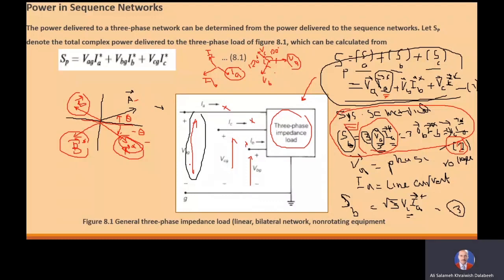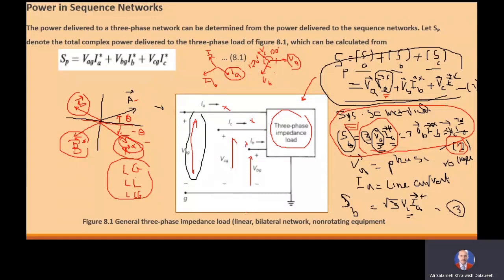If the symmetrical system is subjected to an unsymmetrical fault, and we know the unsymmetrical faults, such as line to ground fault or line to line fault, then the system becomes unsymmetrical.